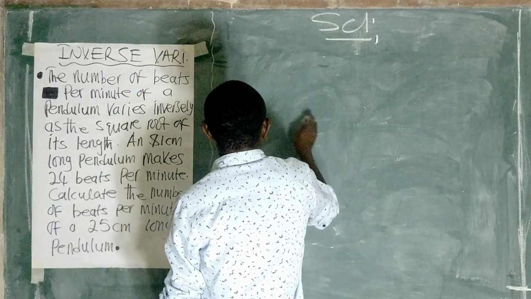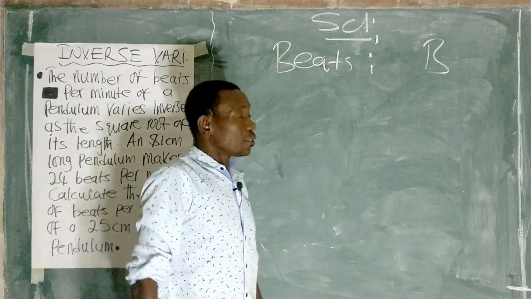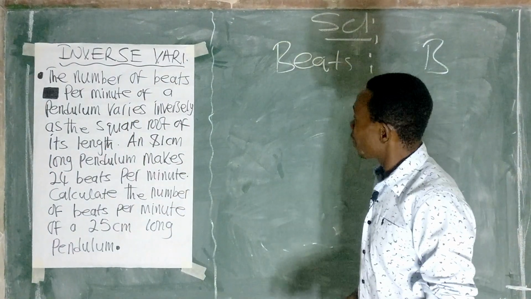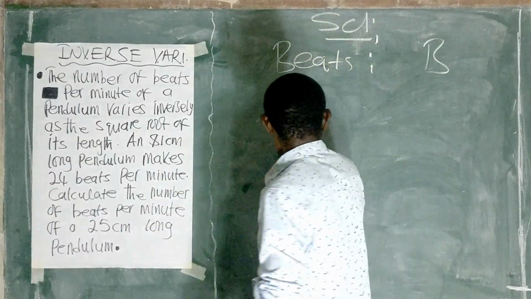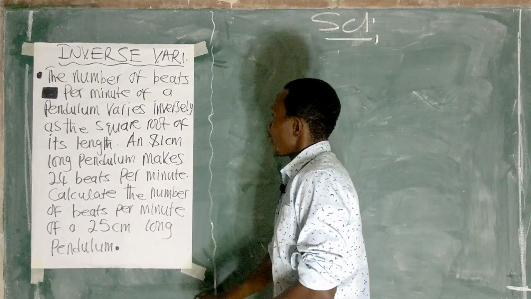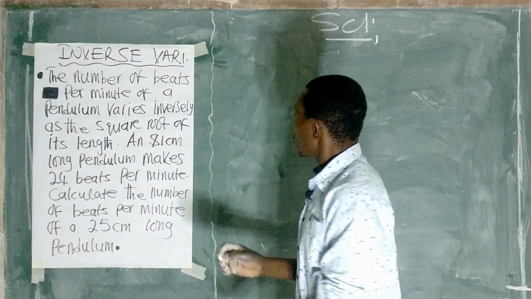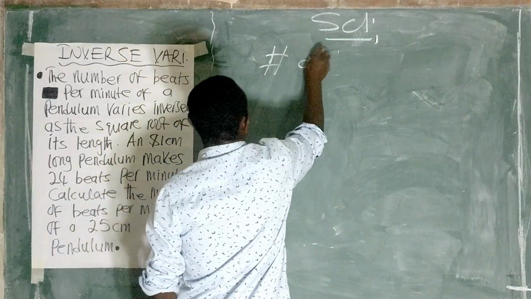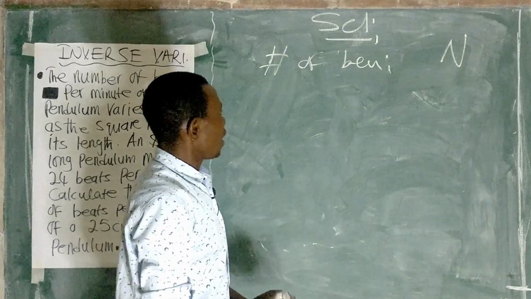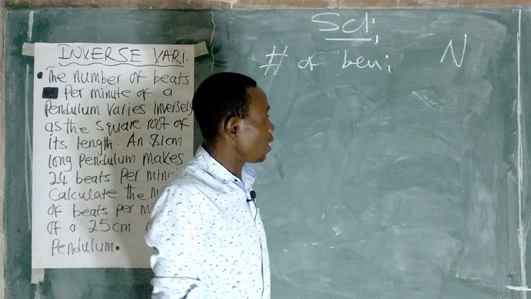So you can say, let the beats be represented by the letter B. But here we are really targeting the number of beats, so you may use the letter N instead. Let the number of beats be represented by capital N. The choice of the variable is not an issue, as long as you define what the variable is.